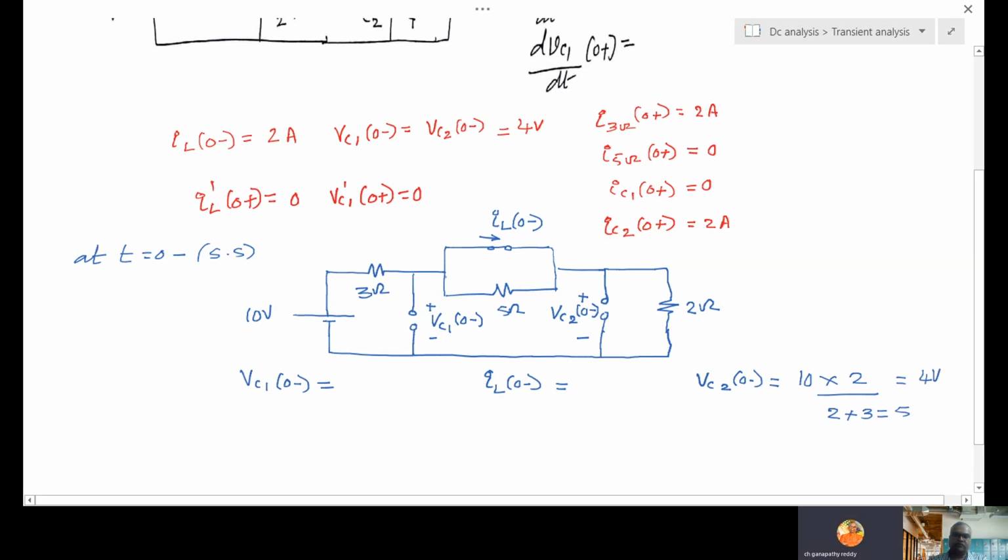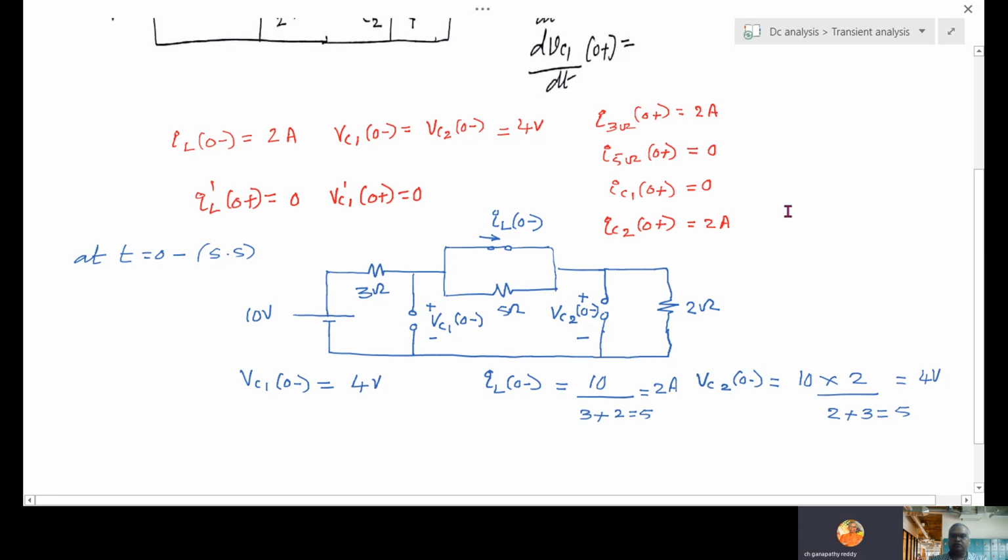VC2(0 minus) is 4 volts, and VC1(0 minus) here is also 4 volts. Then what is IL(0 minus)? The loop is this, the closed path. So 10 divided by 3 plus 2, which is 5, you will get 2 amps. So IL(0 minus) is 2 amps, correct? VC1(0 minus) equal to VC2(0 minus) equal to 4 volts.